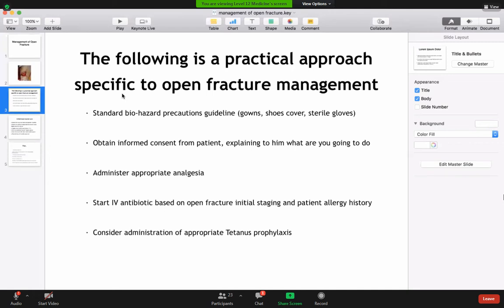Doctor, if he is contaminated and he doesn't know if he took the tetanus vaccine before, or he didn't take it.